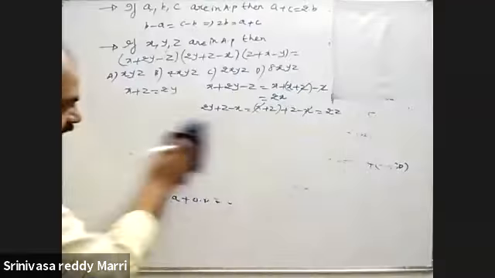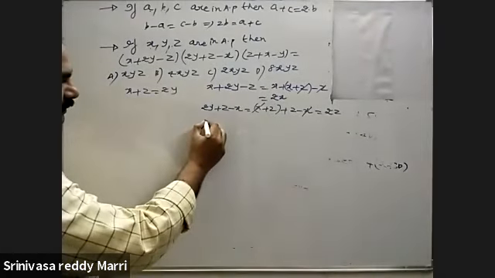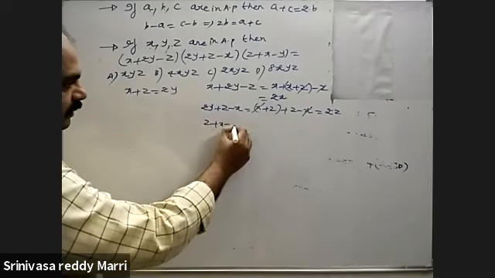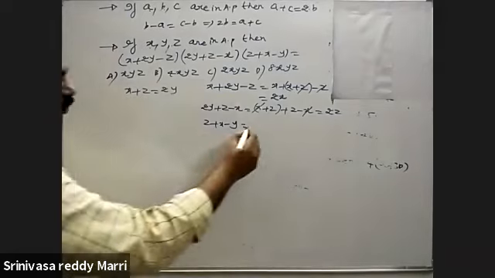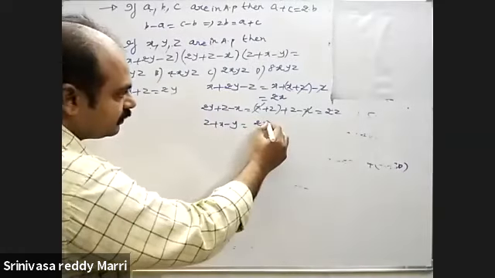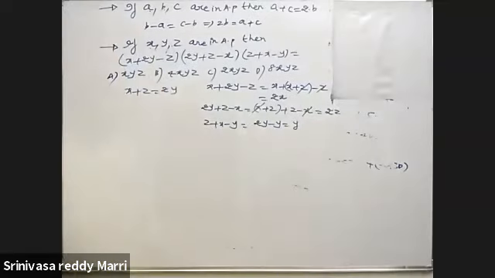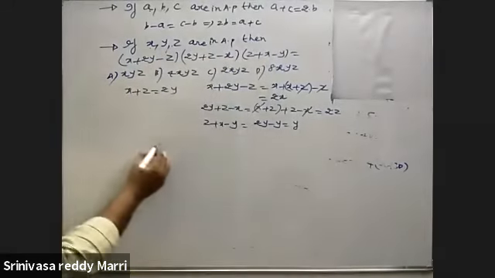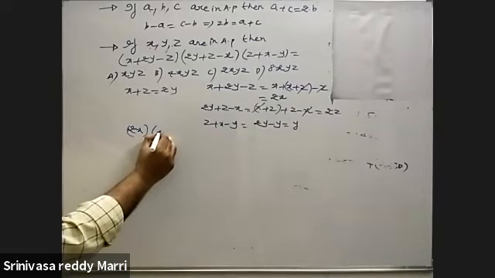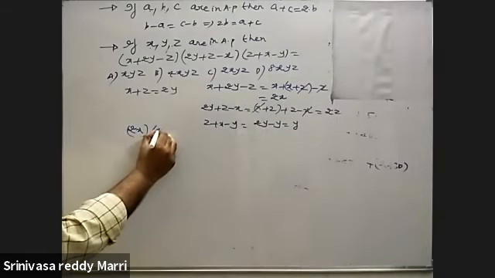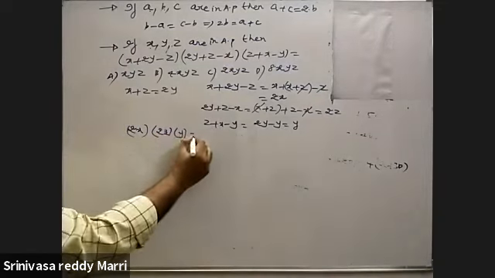Z plus x minus y, you take. This approach will be easy. Z plus x means what? 2y. So this is nothing but y. Now this into this into this, what is the answer? 2x into 2z into y.